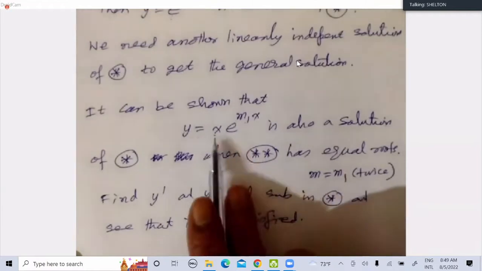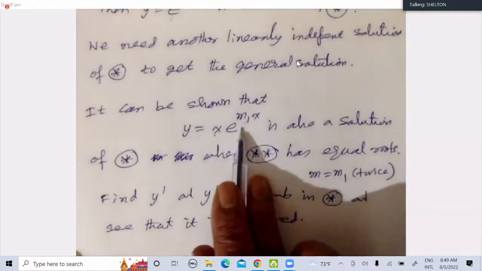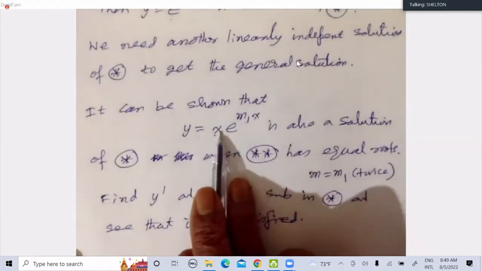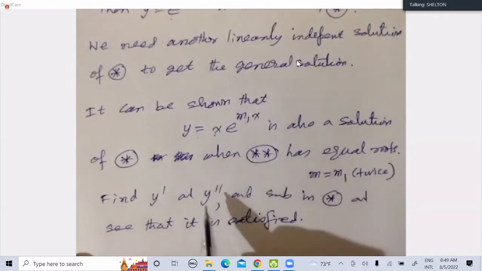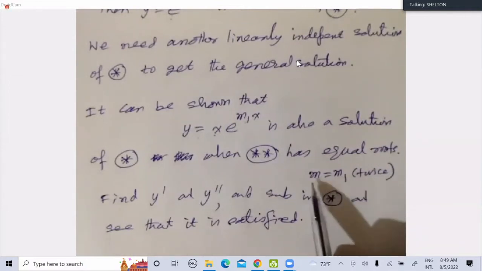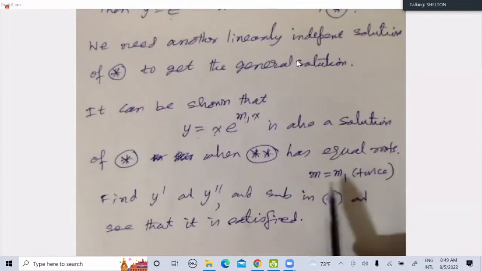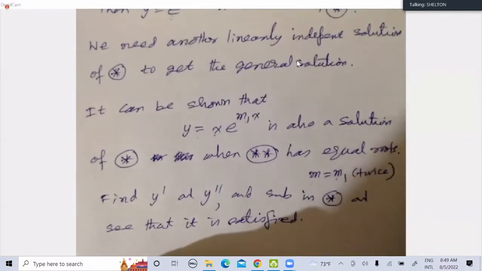You have to use the product rule: this one times the derivative of that plus that one times the derivative of this. That is to find y dash. Then again find y double dash, and then substitute. You will see that the equation is satisfied if m equals m1 is the equal root of the auxiliary equation. So what is the general solution?